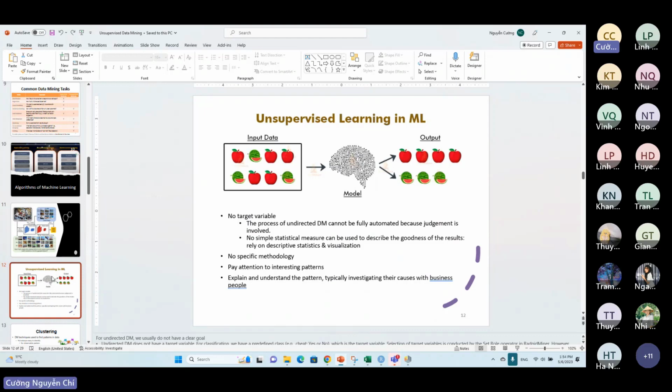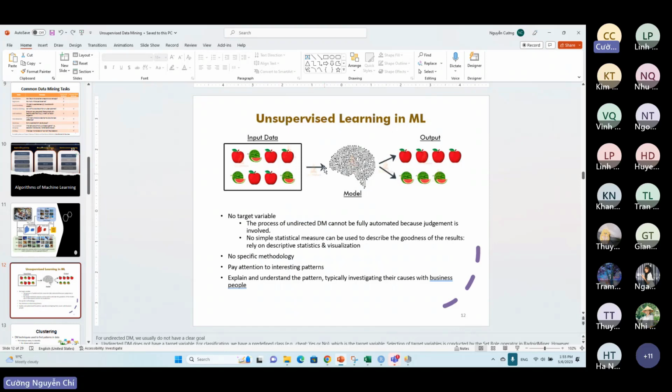Okay, for the rest of the class, we will go very quick about the unsupervised data mining and the unsupervised learning in the machine learning. Okay, so with the input data, we will have the different kinds of images, right? This will be called the image, but later, don't worry, we do it more about business now. So with different kinds of images, we don't know which one will be similar to which one. This is just an image, but thinking about when you have 800,000 images, you can't just watch and see it all manually.